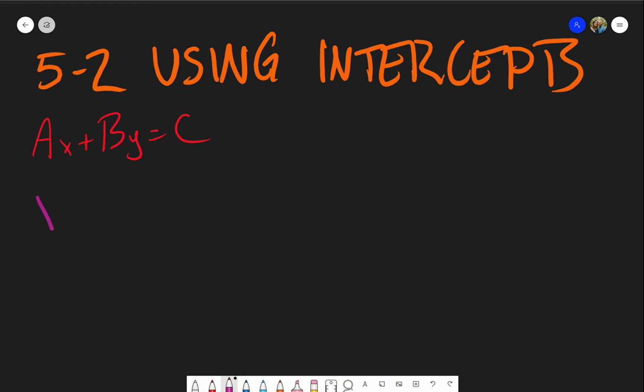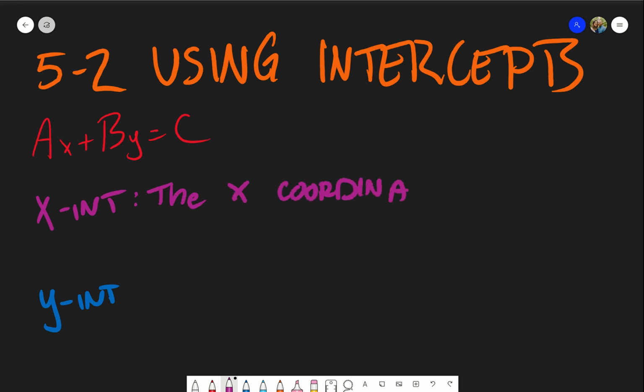When I am talking about intercepts, I have two intercepts on my graph: the x-intercept and the y-intercept. The x-intercept is the x-coordinate of the point where the graph intersects the x-axis.